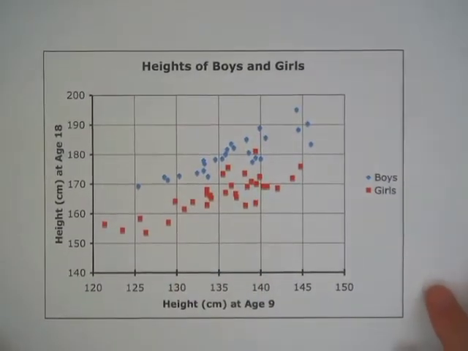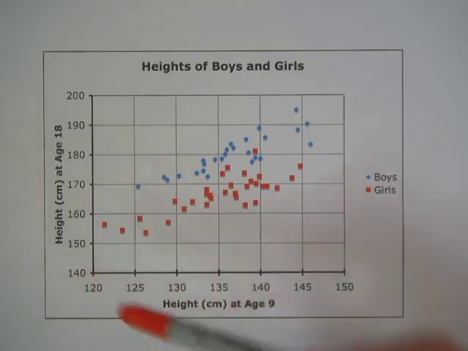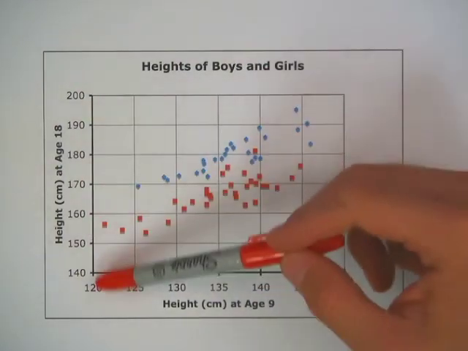If we take a look at this scatter plot, we can see right away that boys are blue, girls are red. The shapes are also different. Height in centimeters at age 9 is on the x-axis, and height in centimeters at age 18 is on the y-axis.